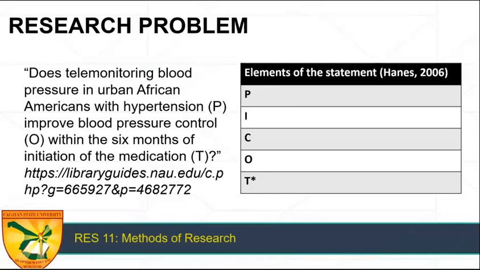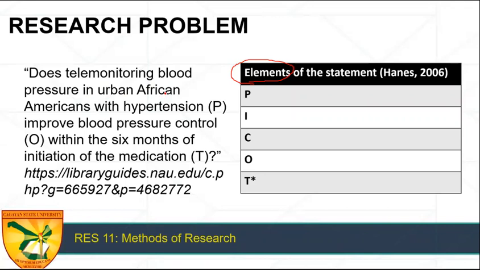So this is an example, and I want you to tell me what are the elements of the research problem in PICOT. So again, we first ask ourselves, can we use the PICO or PICOT format here? So, does telemonitoring blood pressure in urban African Americans with hypertension improve blood pressure control within the 6 months of initiation of the medication?